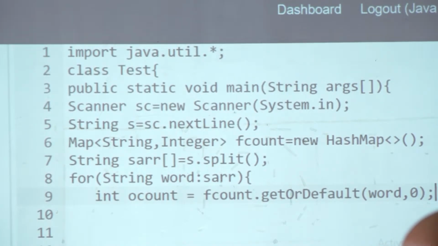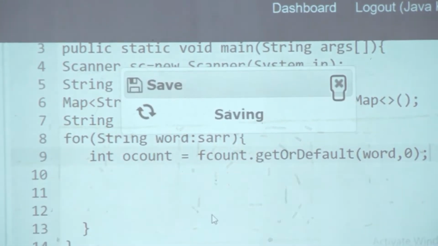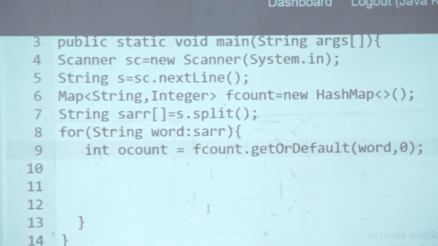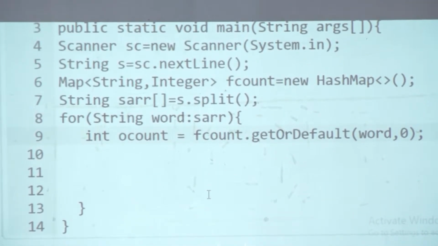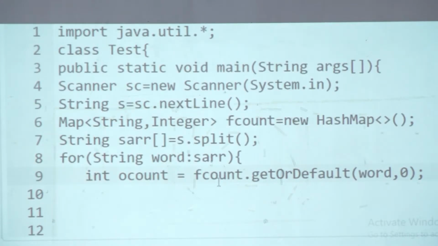Anybody understood? What are we trying to do here? We are saying fCount dot getOrDefault, that is, in the map, look for the word, look for the key word. If you find it, whatever the value associated with it, give it to me.